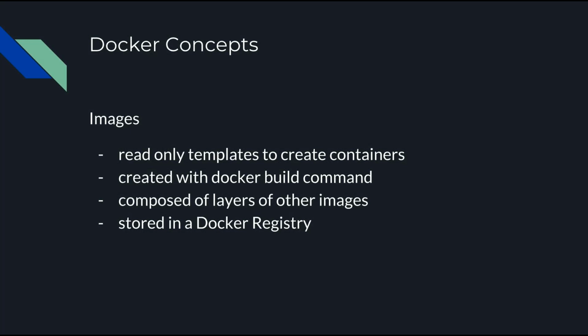If an image has only one layer, that would be the base layer. On top of that, if you build another layer and commit that, that would be another image. So an image is nothing but a stack of other images. And then you store an image in a Docker registry. You could host your own registry or use Docker Hub.